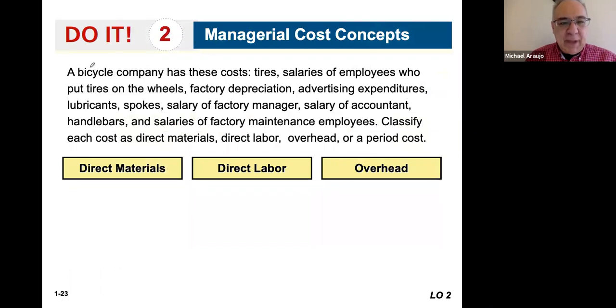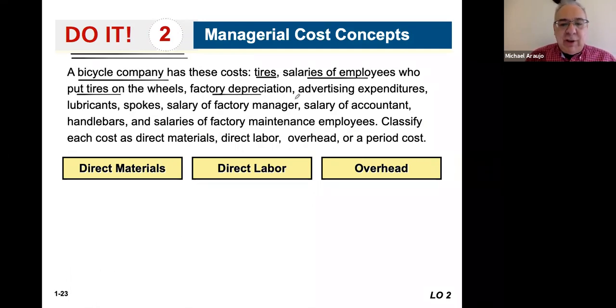So here's the do it exercise for part two, learning objective two. We have a bicycle company here that has the following costs. They have tires, salaries of employees who put the tires on the wheels. That's a very exciting job, right? You think your job sucks?